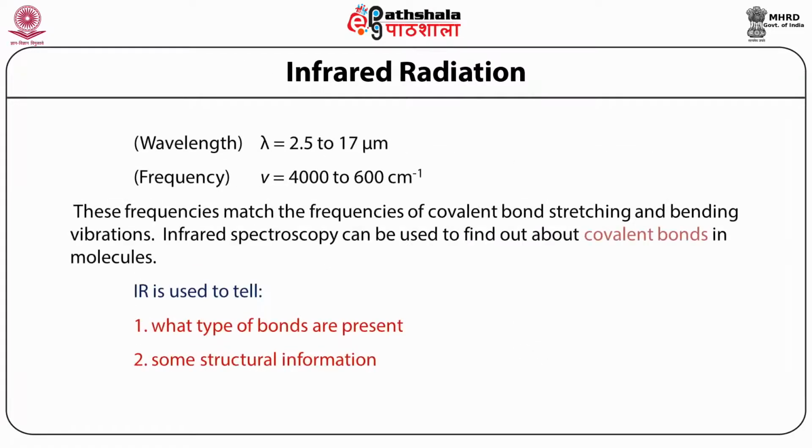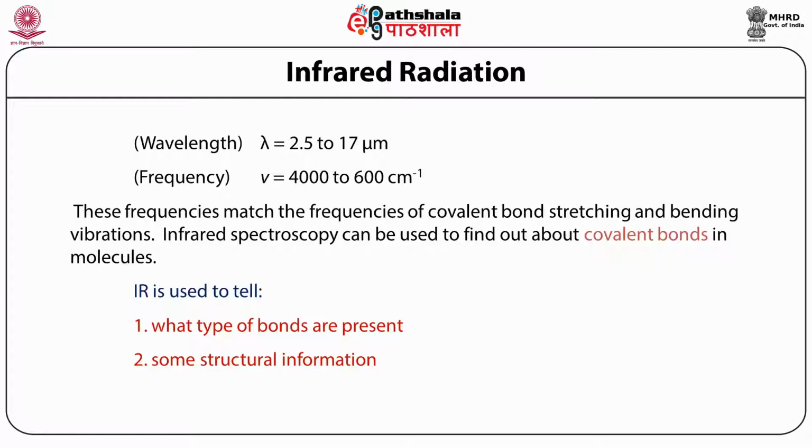We discuss infrared radiation. Infrared radiation has a wavelength of 2.5 to 17 micrometer, and its frequency is around 4000 to 600 per centimeter. These frequencies match the frequencies of covalent bond stretching and bending vibrations.